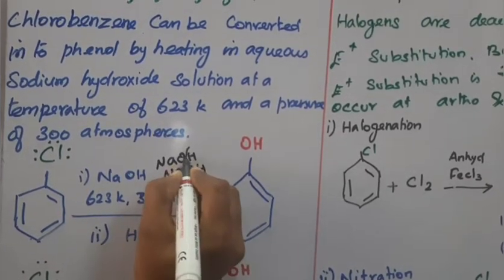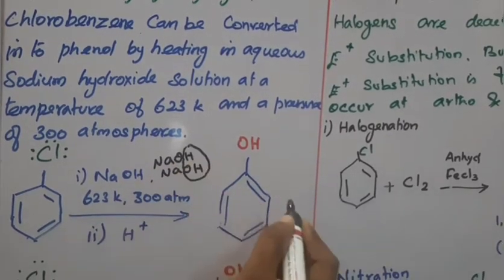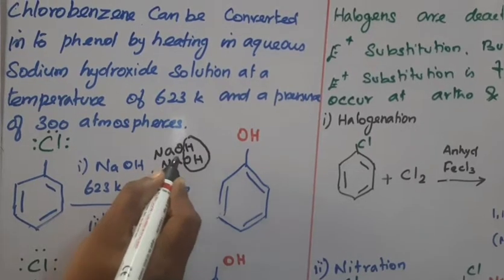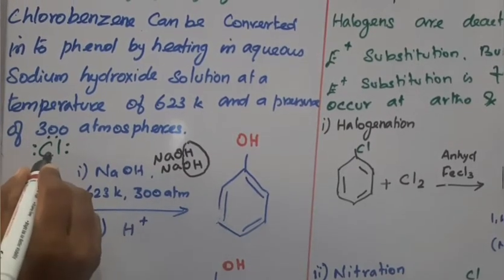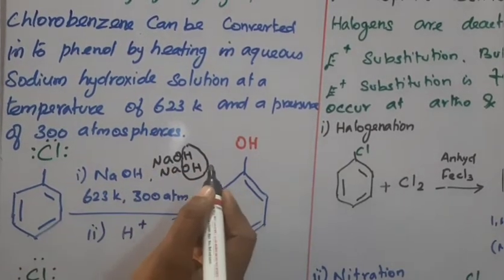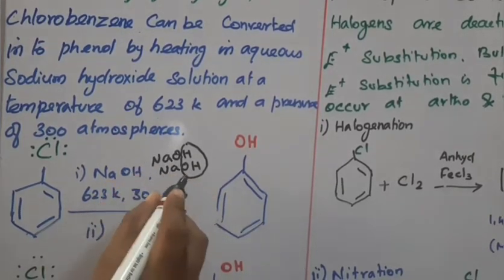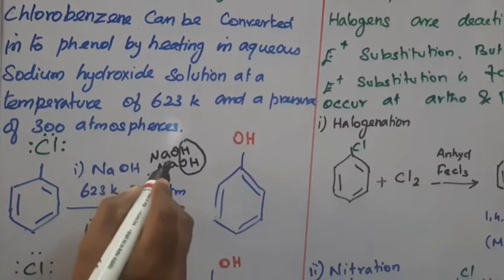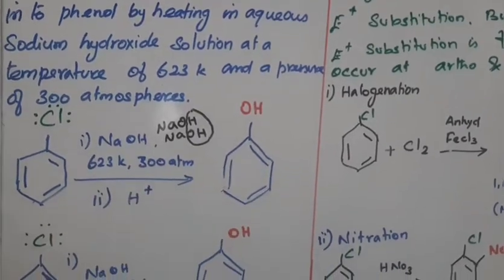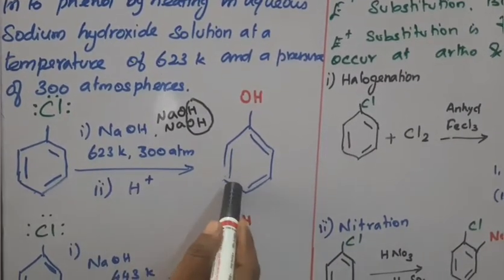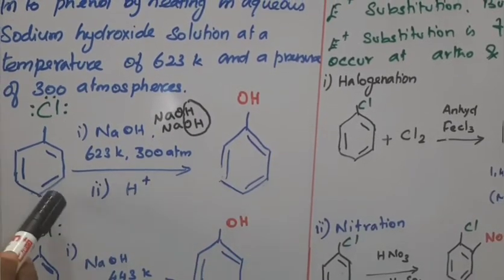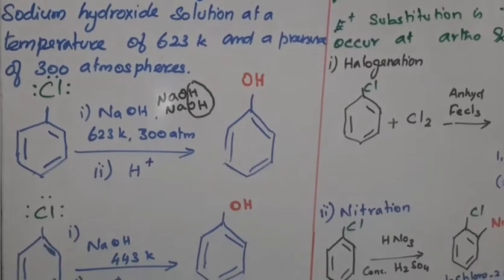What happens is this OH gets converted to H2O, and the Na combines with the chlorine atom. It comes out as NaCl, and it forms the sodium phenoxide ion. After that it is converted into phenol. So that is phenol from chlorobenzene. This is the reaction mechanism.